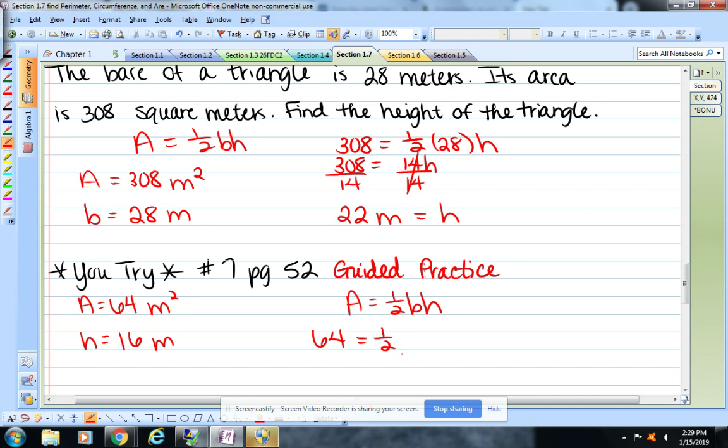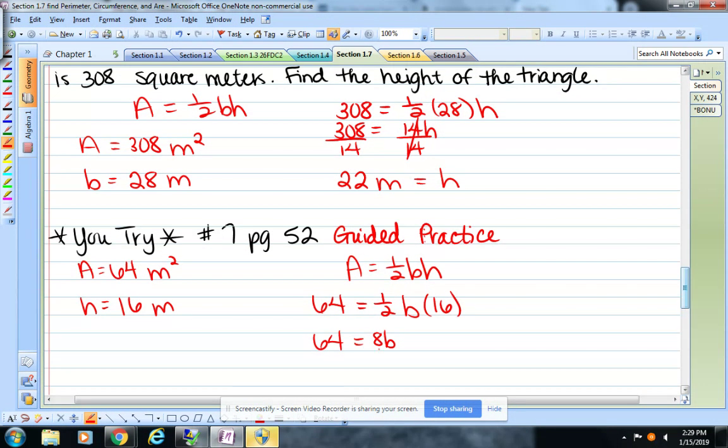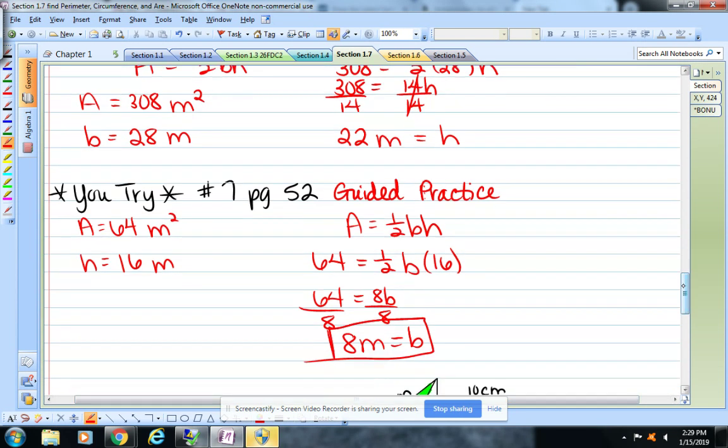Do we know base? Nope, keep it B. Do we know H? 16. Yeah, you can do half of 16. So 64 equals 8B. Divide by 8, and you get 8 what? Meters is the base. So are y'all okay with using the formulas to find a missing part?